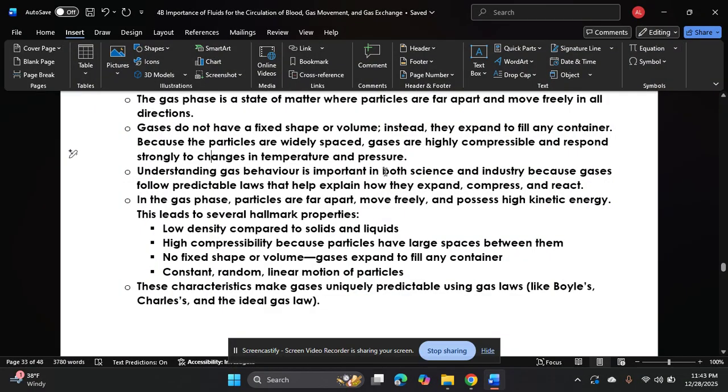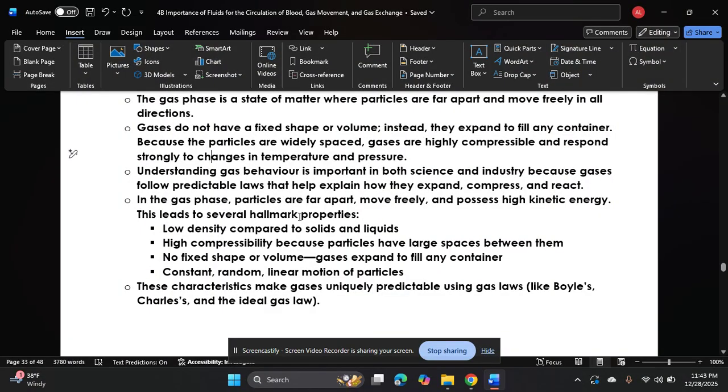Understanding gas behavior is important in both science and industry because gases follow predictable laws that help explain how they expand, compress, and react. In the gas phase, particles are far apart, move freely, and possess high kinetic energy.